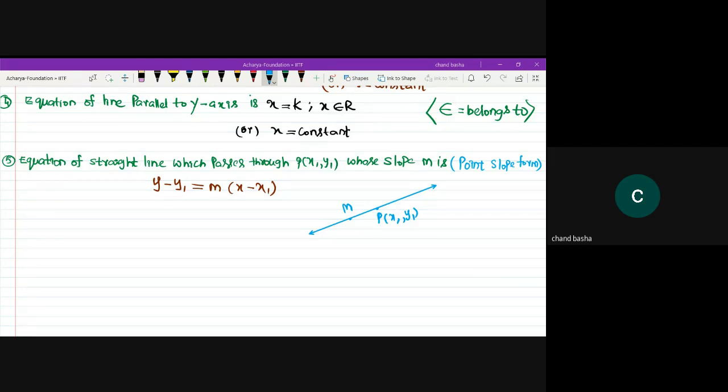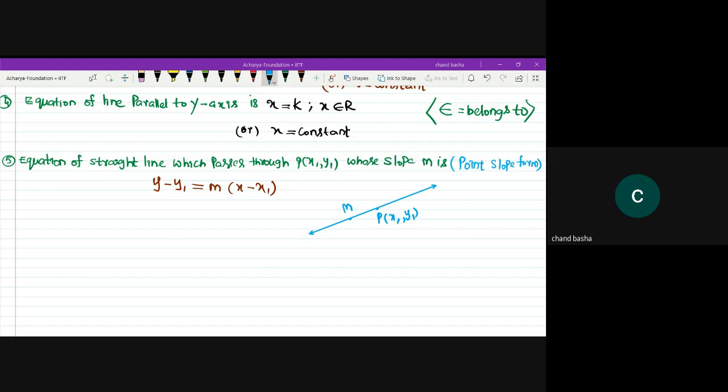X and y are the variables. Linear equation in two variables. You know that a linear equation means ax plus b whose degree is 1, the power is only 1 in the entire equation. x1, y1 are some constant values. I'll try to discuss the problems. Okay, sir. What you said, sir, is absolutely correct.